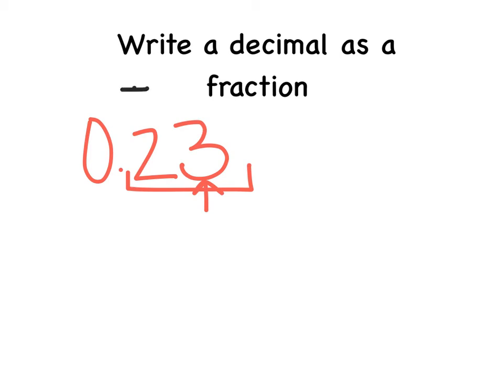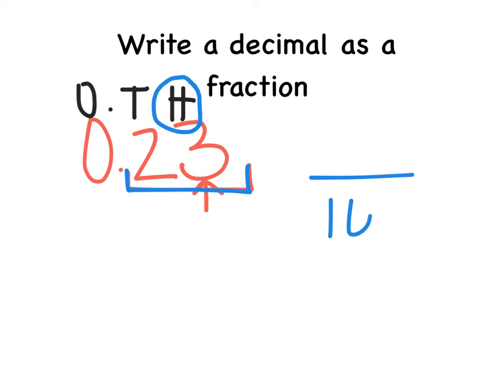Since this is the tenth spot and the hundredth spot, and over there's the 1 spot. So we read this as a group, 23, and then you say the place value spot where it ends, hundredths, 23 hundredths. This means that I have something out of 100. When you say that word hundredths, it's out of 100.